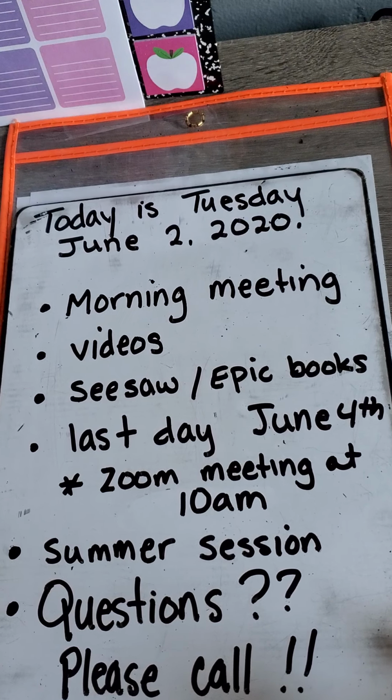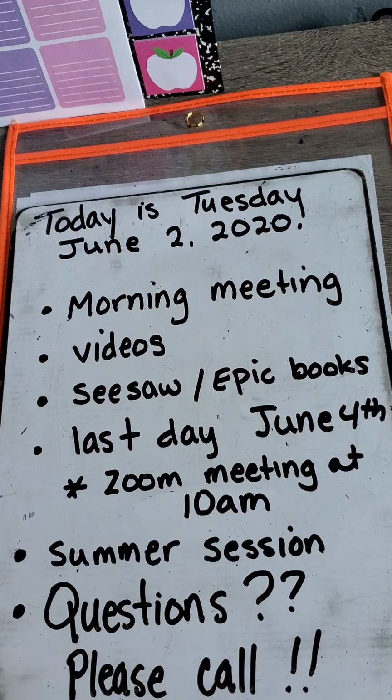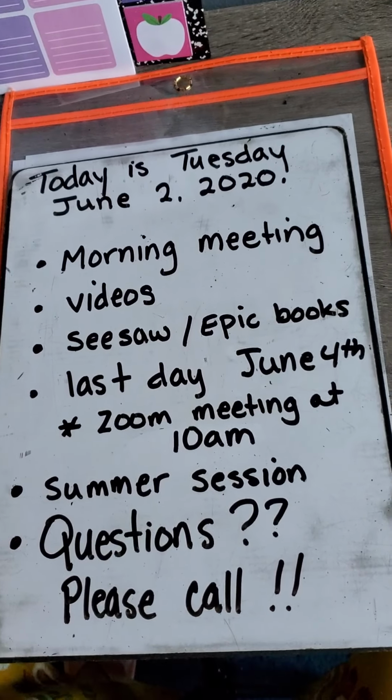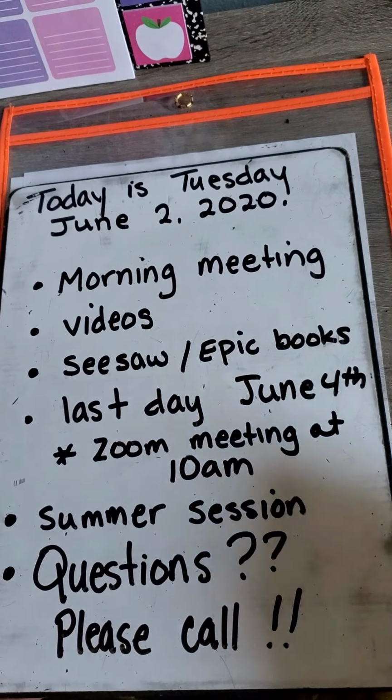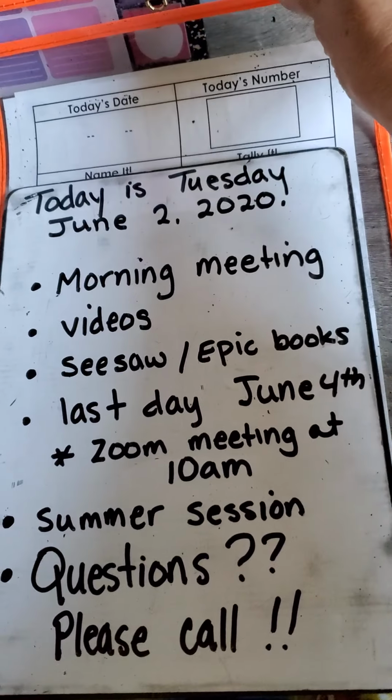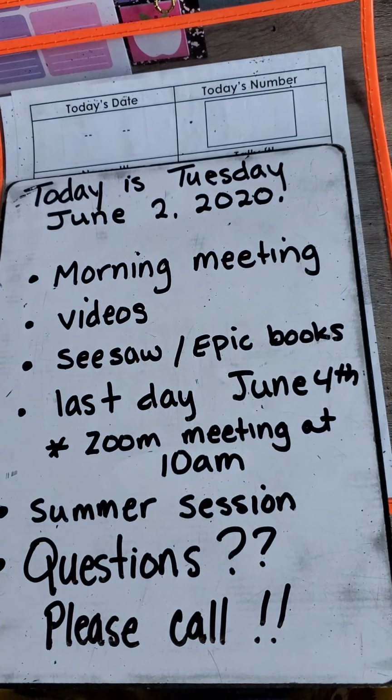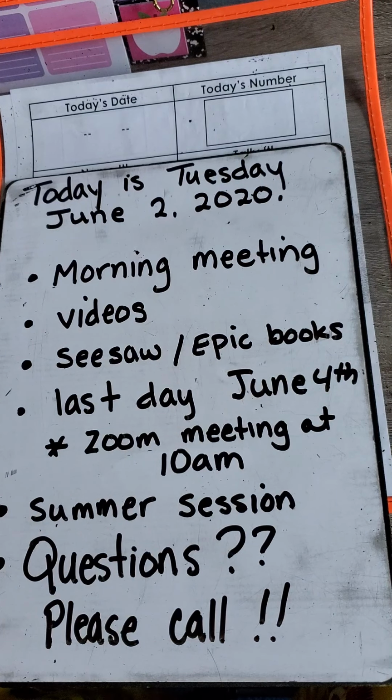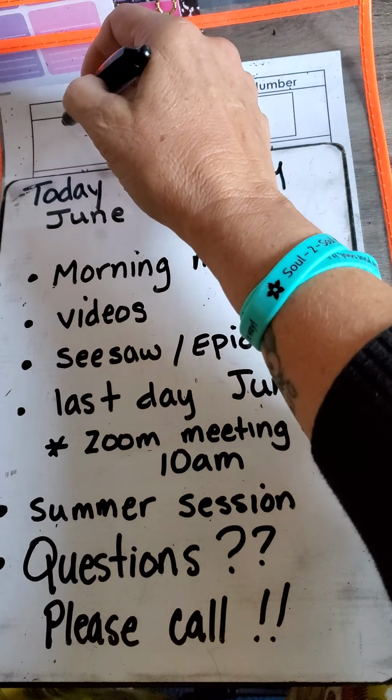So let's move on because we went into a new month. Let me just back up a little bit. Which is June. So if May was the 5th month of the year, June would be the 6th month. Great.